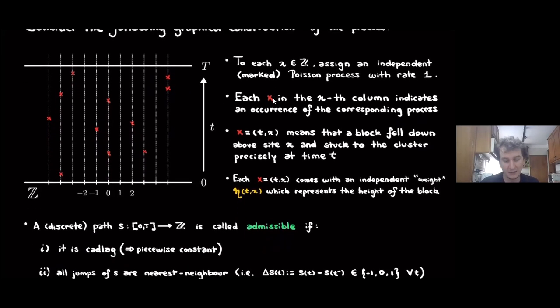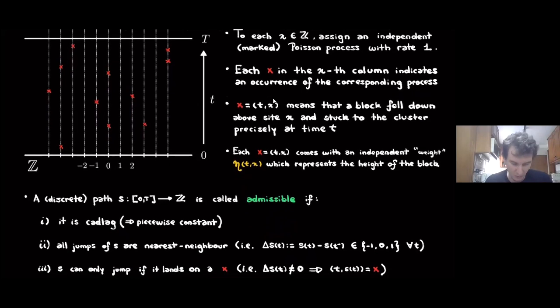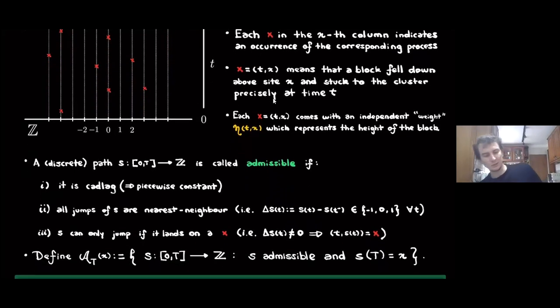And so to explain more or less what this construction has to do with last passage percolation, I just need one more thing, which is the notion of admissible path. So let's say that a path going from 0 to t to the integers, a discrete path, but a path nonetheless, is called admissible if it satisfies three conditions.